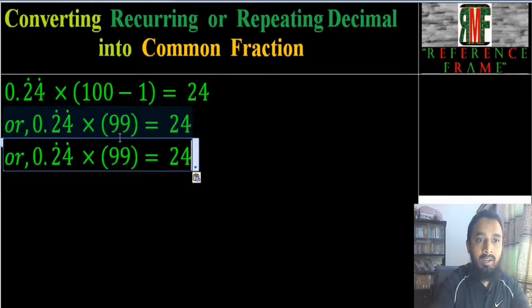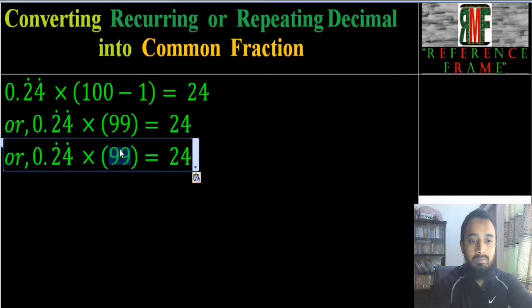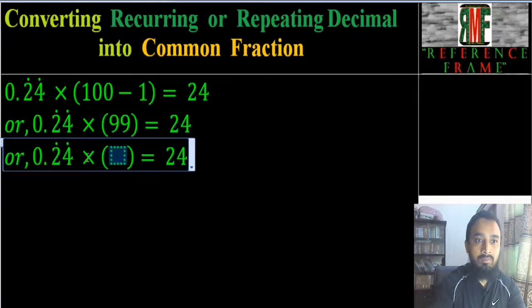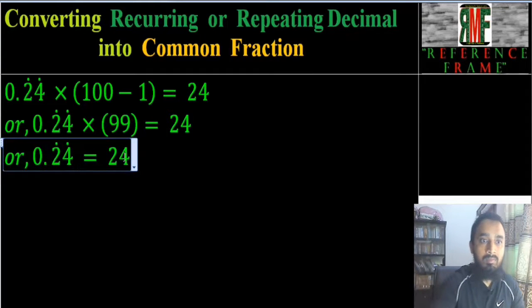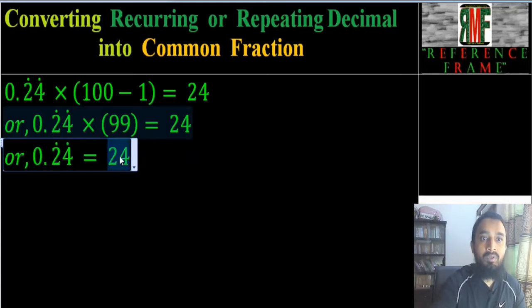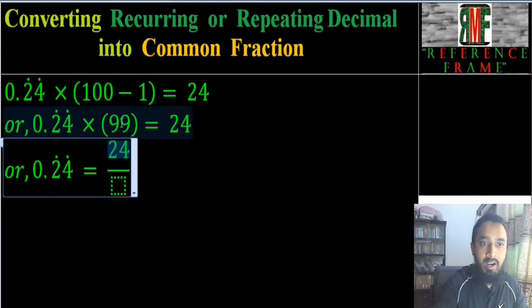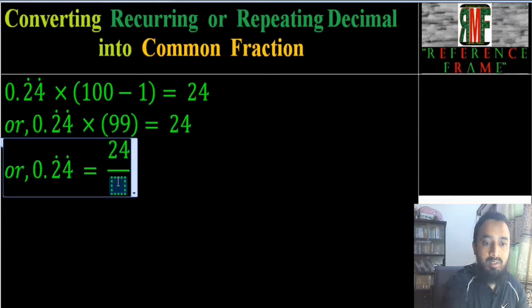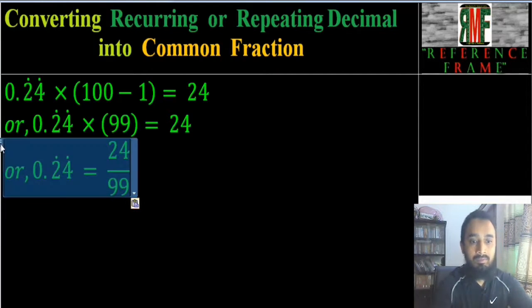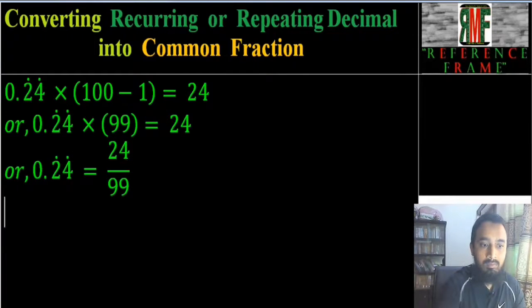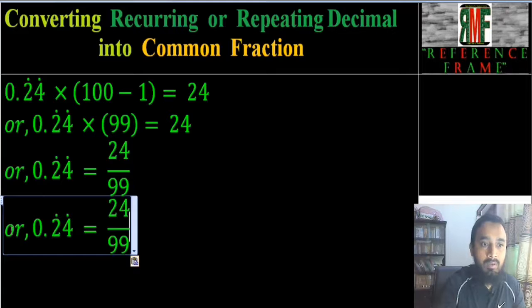So look here, what do we get? 24. If we shift it to the right hand side, we get a shape like this. Since 99 is in multiplication form, when we change the side, it becomes division.